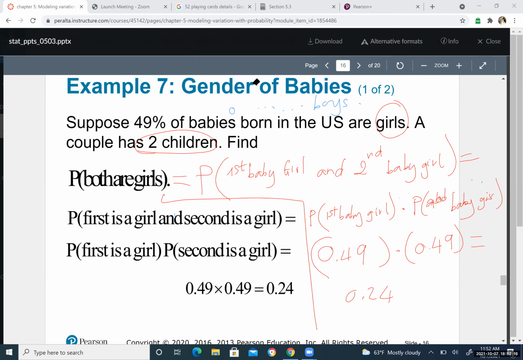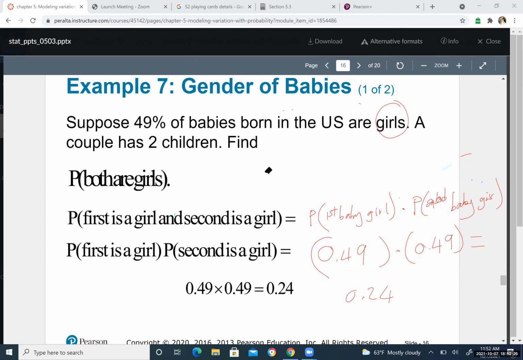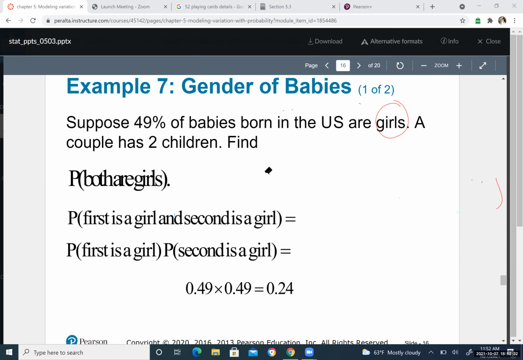Or even if the first one is a boy and the second one is a girl, you multiply the same way: 0.51 times 0.49 for that case. That's how you do it for independent events like this.